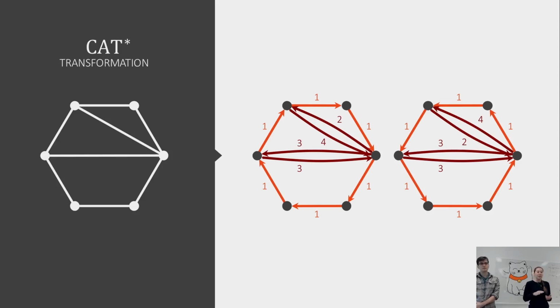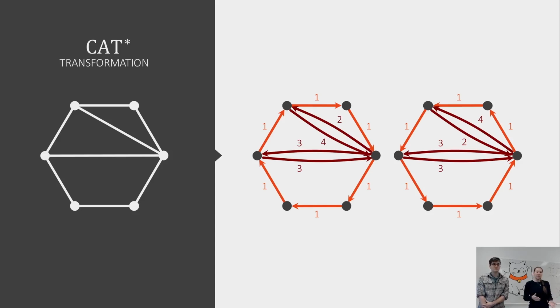So CAT star basically copies the graph and we then direct each edge in each direction of the Hamiltonian cycle. And for the diagonal edges, we direct them in both directions. And then in the edge labels, we encode the distance of the nodes that the edge belongs to on the Hamiltonian cycle.